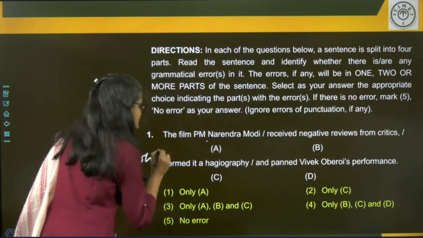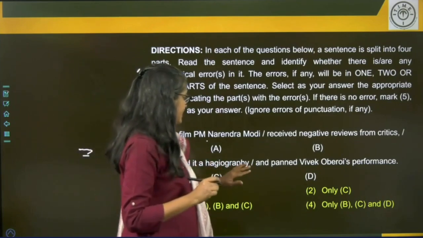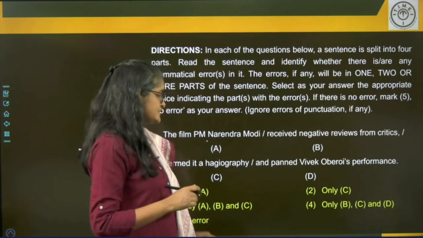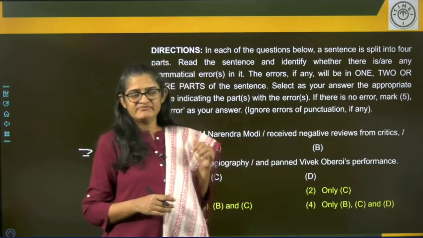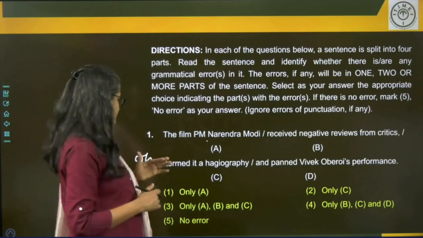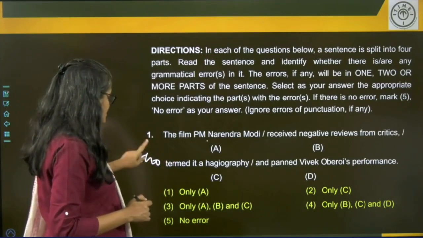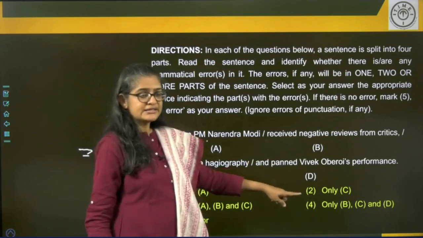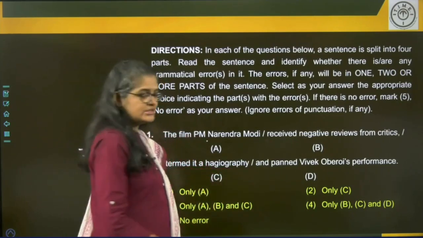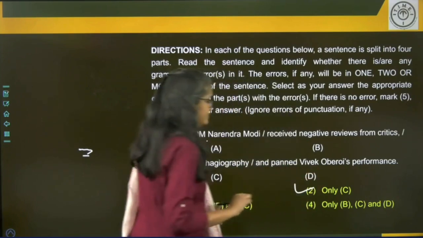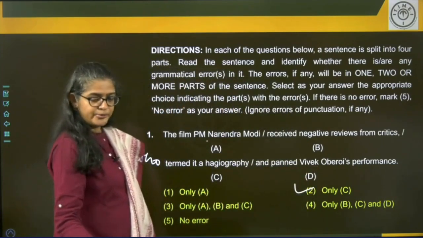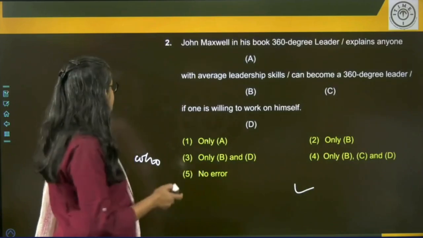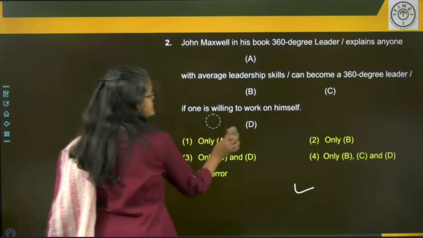Who termed it a hagiography? And panned Vivek Oberoi's performance. Panned means severely criticized, harshly criticized. Okay, so the mistake is in part C, which is option 2 here. Okay, fine. Hope you understood this. Now, let us look at the next sentence.